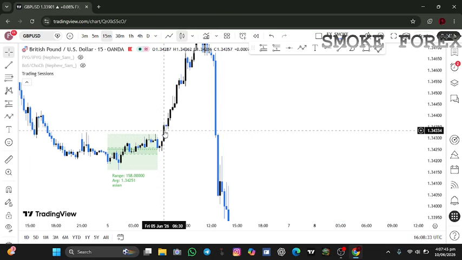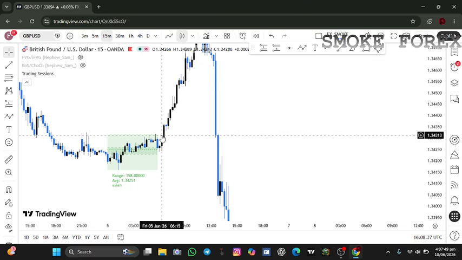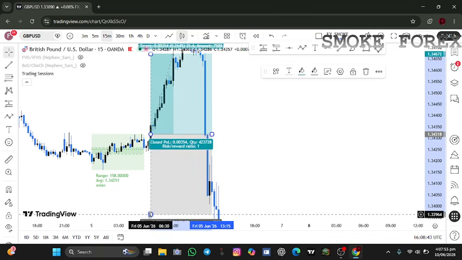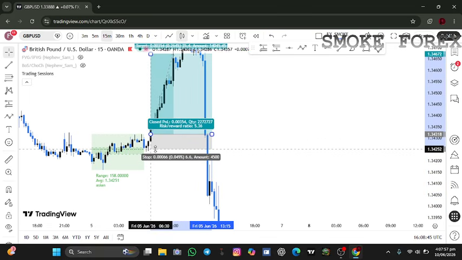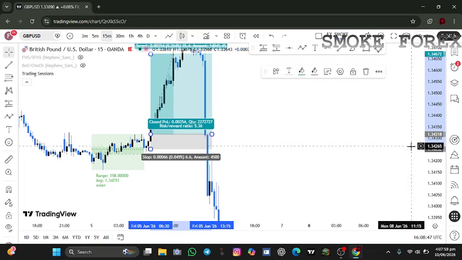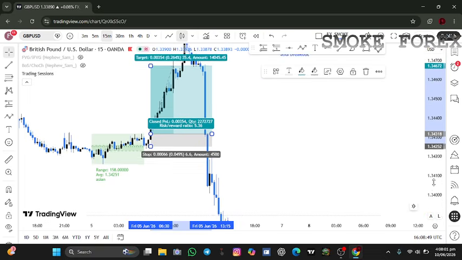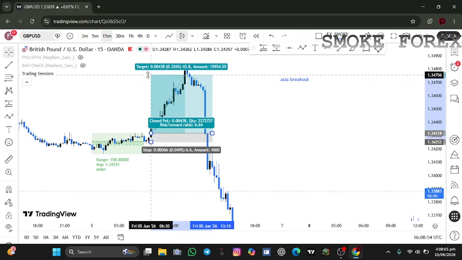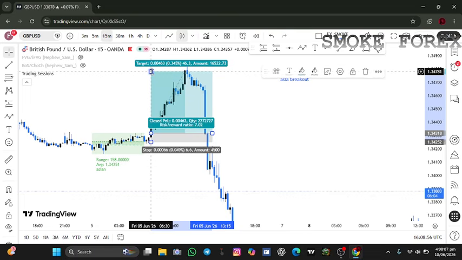You can see around 6:15 to 6:30 price broke. If I had my buy limit over here, at 6:30 price broke this, then if I had aimed my stop loss over here, you can see this trade even went more than 1:3. It went like 1:6, 1:7.